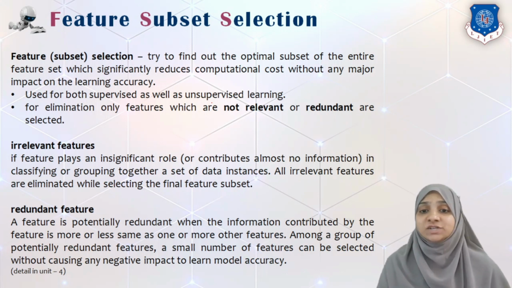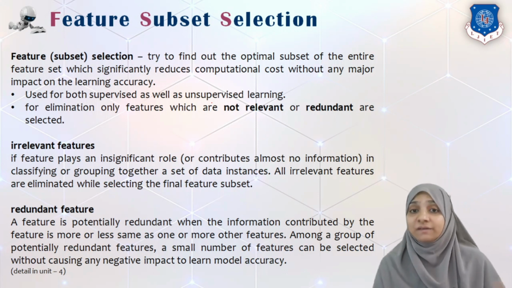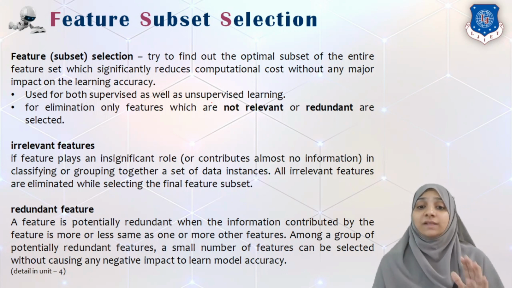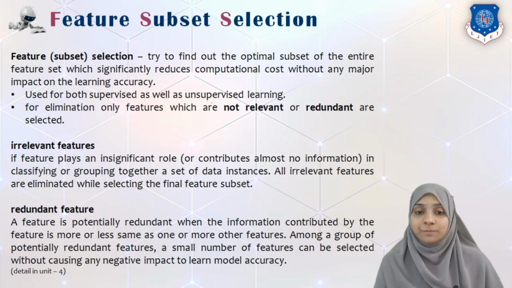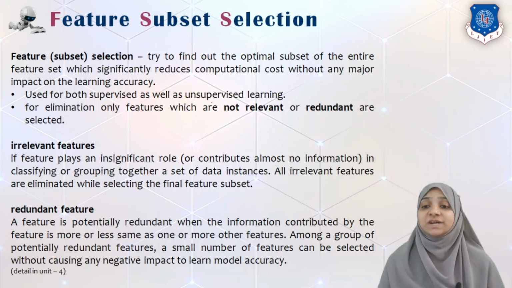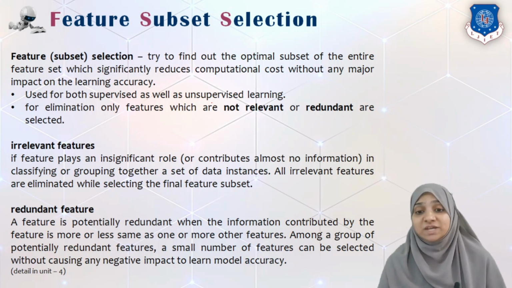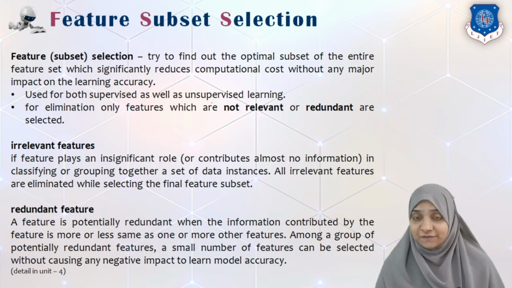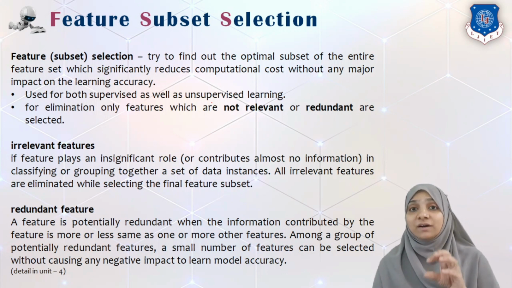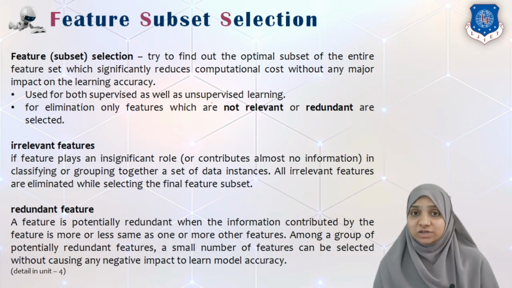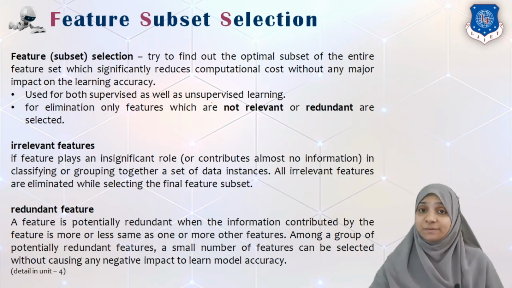Irrelevant features do not play any significant role in a data set; the information provided by them is almost zero. Redundant features contribute the same information as some other features. So these kinds of features are removed and we create a minimal selected feature set, which is called feature subset selection.